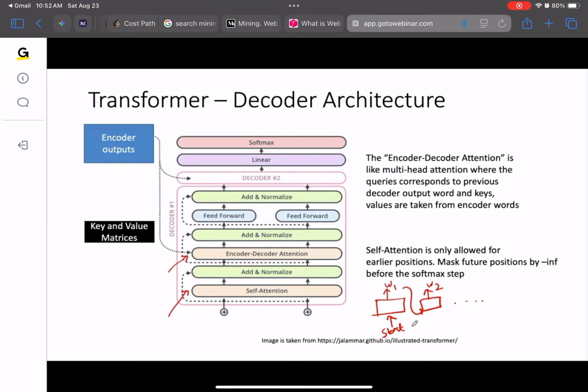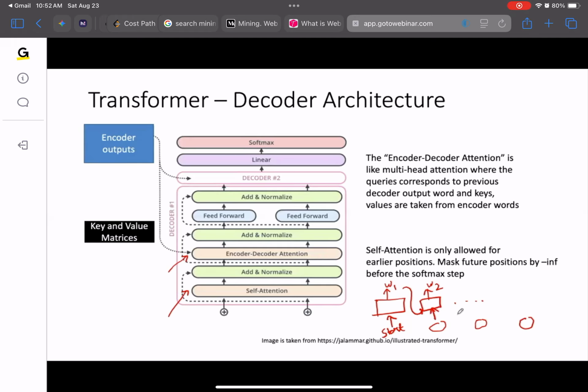So we cannot actually use the reference words that we have. We obviously know the entire output sentence, so we have the output transliteration. We have these words, but we cannot use them to conduct self-attention. So for example, let's say we are conducting self-attention at the second word.